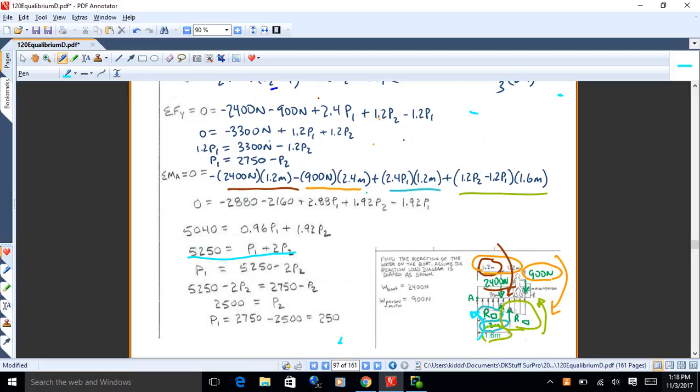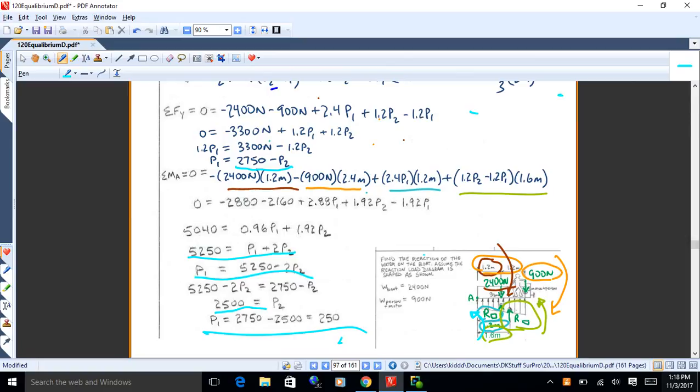It's 5250 minus 2P2, but P1 is also from the equation above, 2750 minus P2. So I substitute that in for P1 and then work through, and I can get P2, and then I can substitute back in and get P1. Okay, so just some algebra there to get through the two equations, two unknowns.